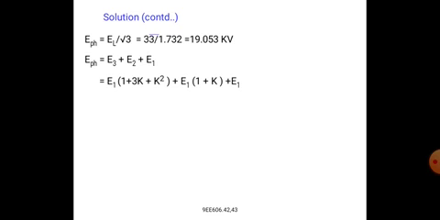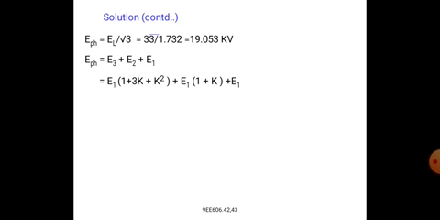E1 is nothing but E1, E2 is E1 into 1 plus K, and E3 is equal to E1 into 1 plus 3K plus K square. So substitute the value of K, and from this we have to find the value of E1.